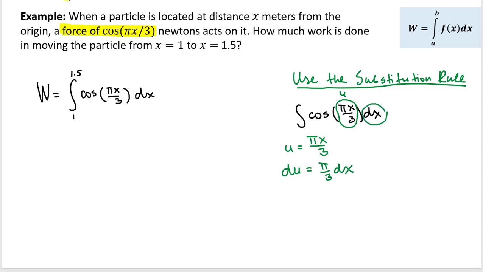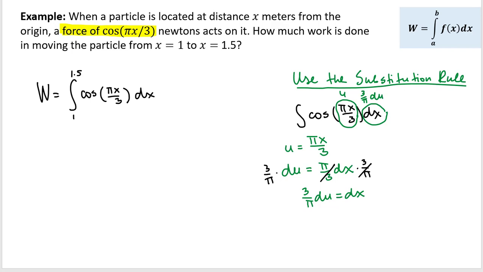I will need to multiply the right hand side by 3 over pi and the left hand side by 3 over pi. This will cancel pi over 3 and 3 over pi on the right, and I see that dx equals 3 over pi du. Okay, so I will replace dx by 3 over pi du.